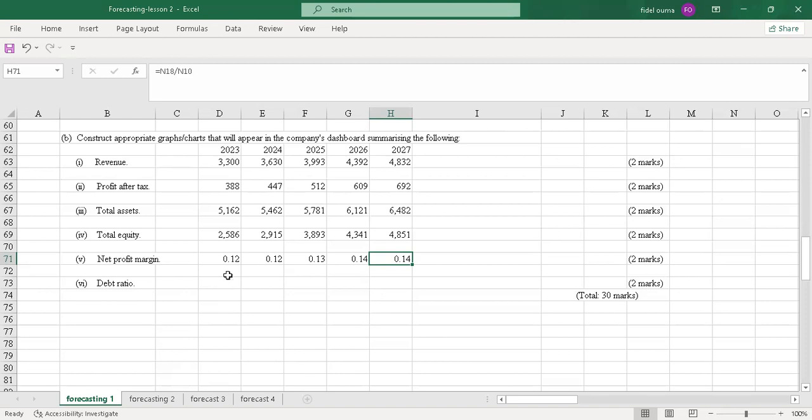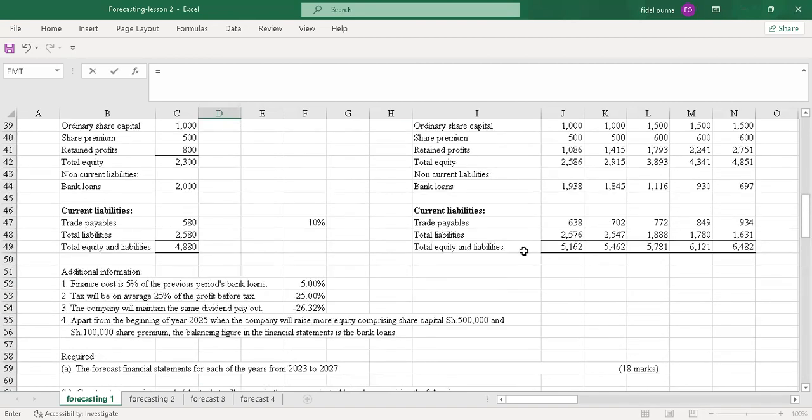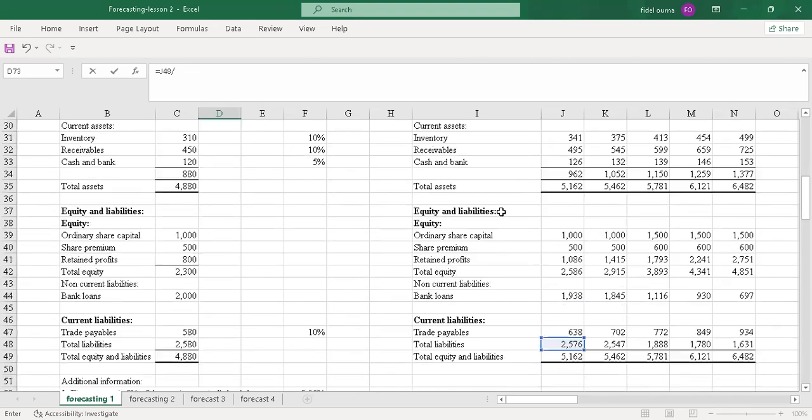Yeah, so the debt ratio is always total liability over total assets. So I just say equals to, I look at the total liabilities, which is this. Then I'll divide by total assets. Total assets is this. And then I enter.